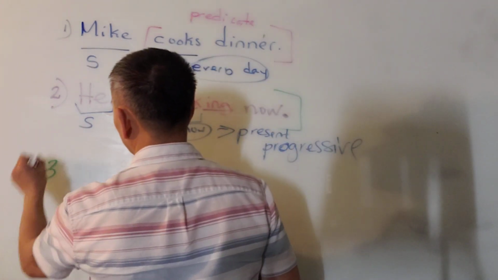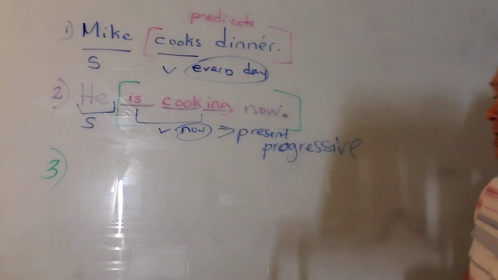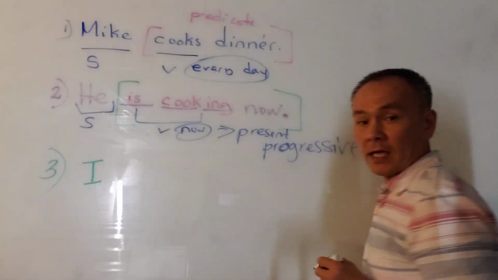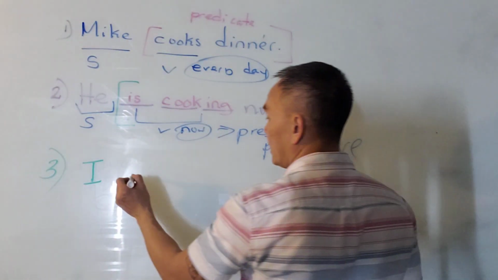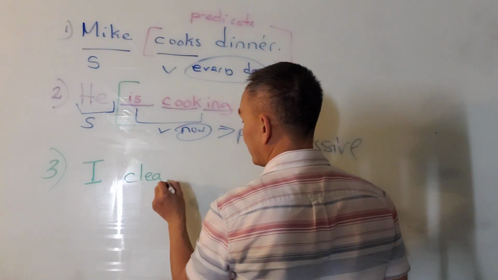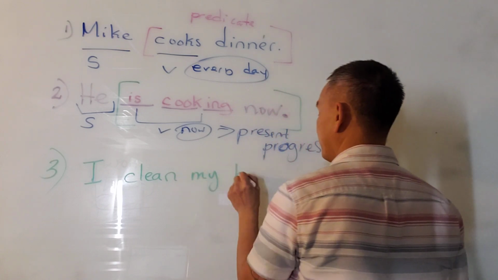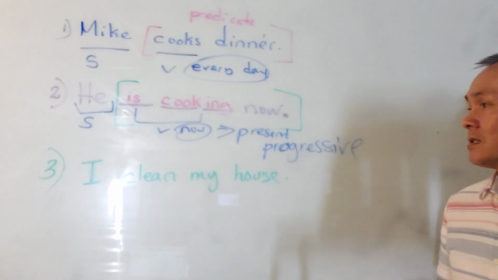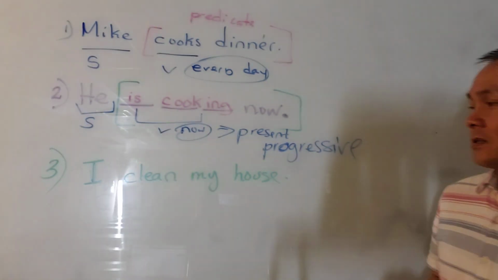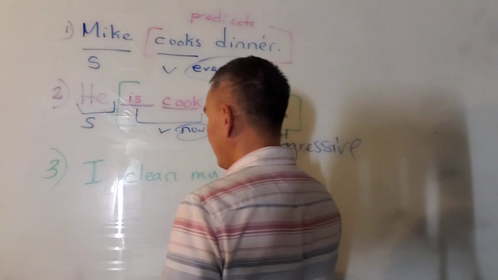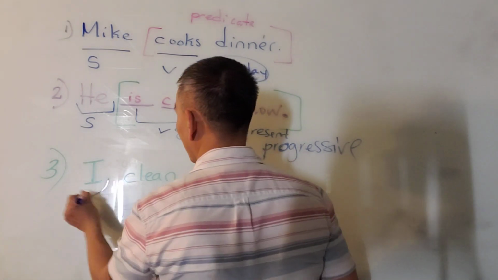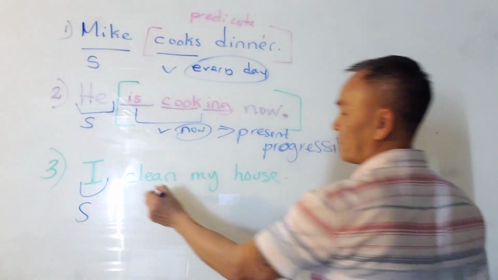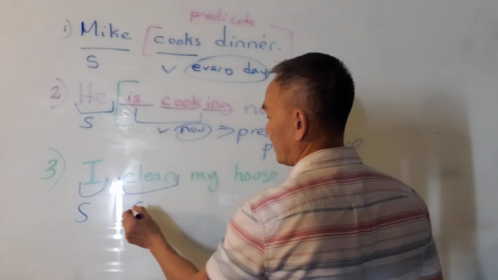So I'm going to give you another sentence, okay? So let's say I clean my house. What is the subject? Good. If you say the subject is I, then you are correct. What is the verb? Clean.